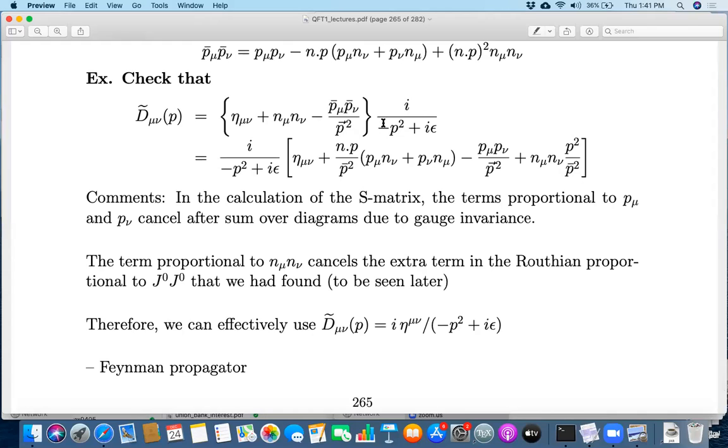This part actually vanishes for the S matrix, right? If you look at the contribution of this part to the S matrix, after summing over graphs, this actually drops out. And that's the way we show that in the Feynman gauge or the Coulomb gauge, these are the propagators of the intermediate particles, they eventually give the same contribution, even though in Feynman gauge all four fields are present.